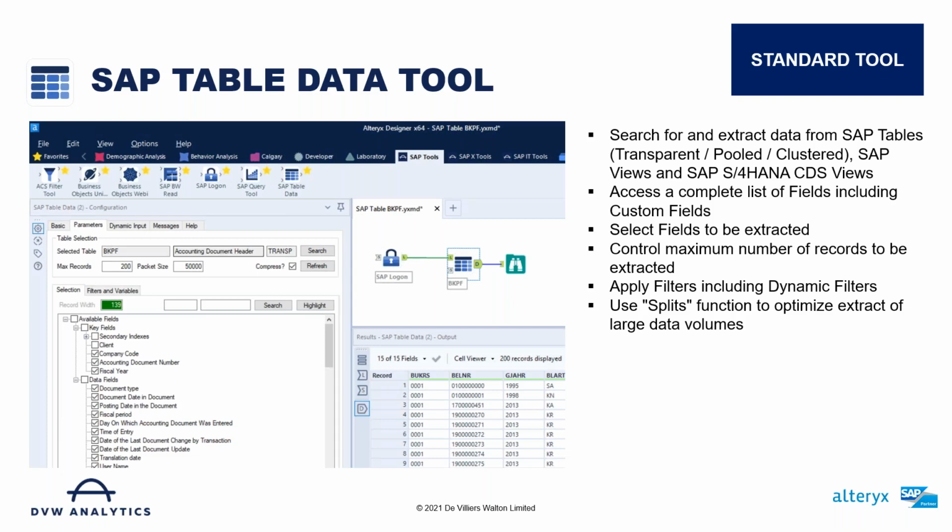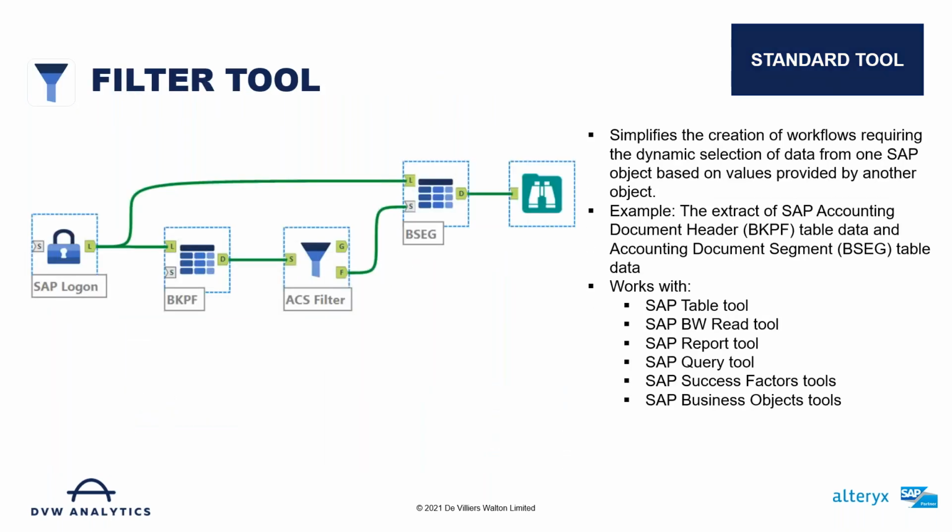That's really useful when you're doing big volumes. The split functionality allows you to chunk up your data calls. If you're pulling 100 million lines of data, you're going to have to break that up into smaller chunks. The tools allow you to do that, and hopefully we can show you that in the demonstration.